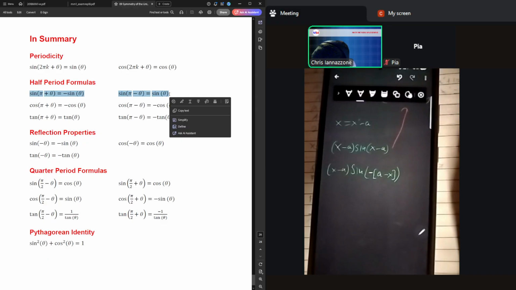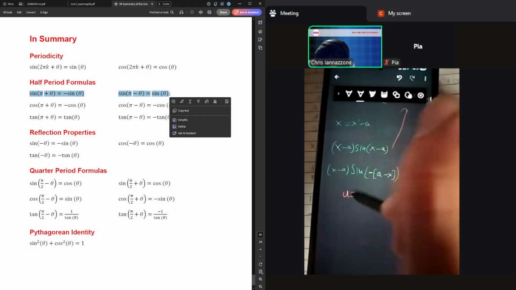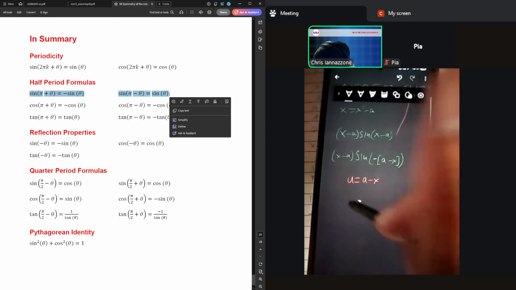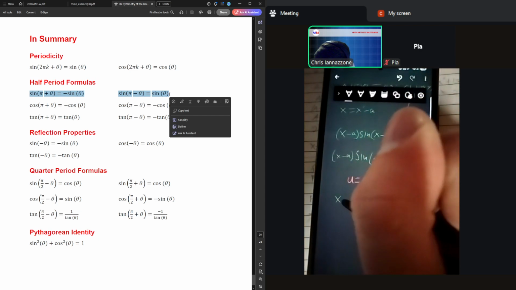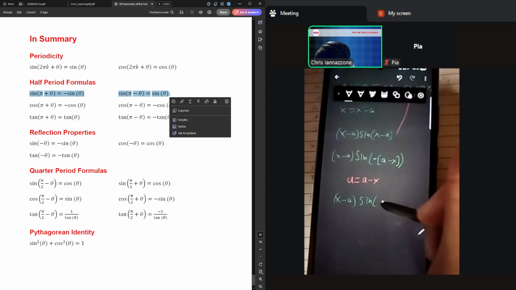So to do a further layer of abstraction, I'm going to take this thing in the brackets here, we can ignore it for now, and then just do this. So we now have the x minus a from before, the sine, and the negative u in there.